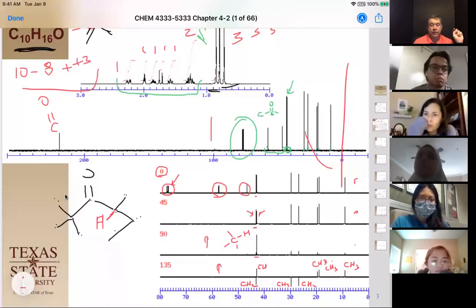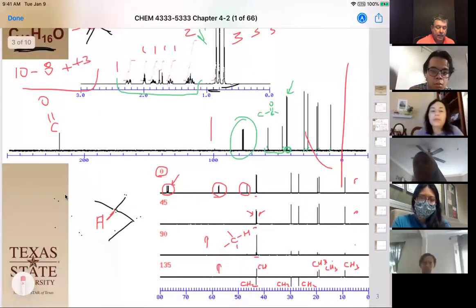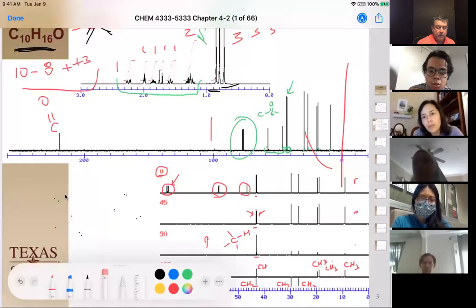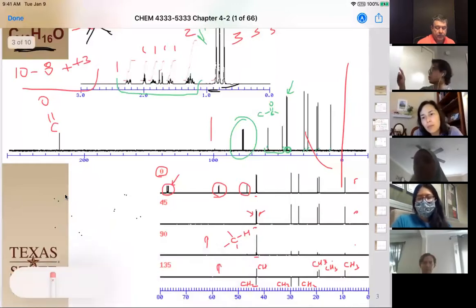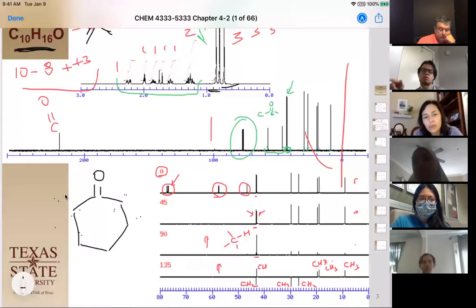So that means we have a ring somewhere. That means we might have more than 1 ring. Ooh, that would account for a lot of things, right? So let's say we have a ring, and let's see, the most common ring that we're going to have maybe is a cyclohexane, which would give us a methyl group there, a methyl group there, a methyl group here.